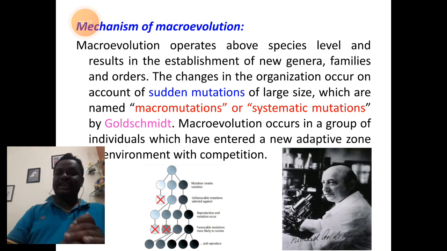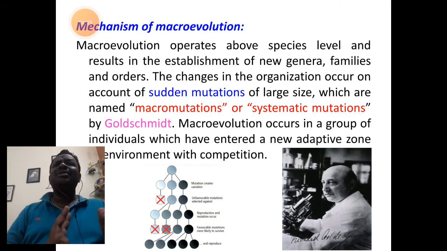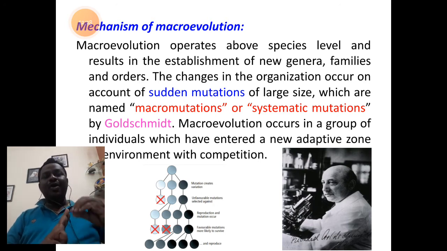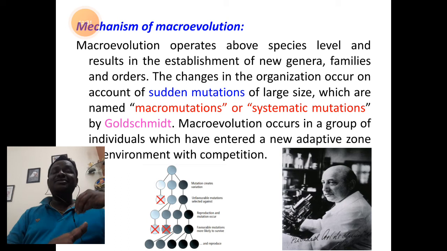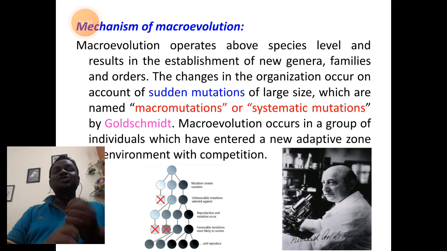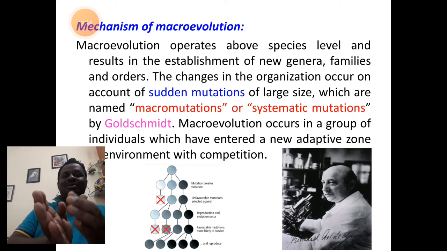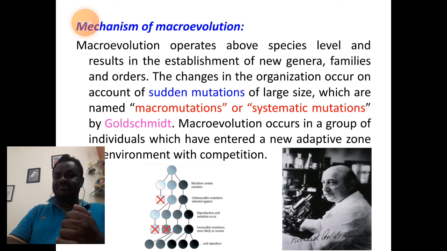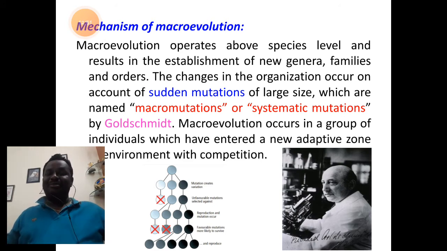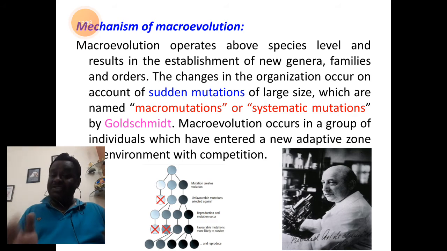The second important thing is these changes are due to sudden change in the gene sequence, we call it mutations. When an organism enters into a newer environment, they tend to show sudden mutation. This sudden mutation doesn't happen in one or two genes. It happens with many genes. So when we look at a maximum part of the DNA of a gene or of many genes, they show the change.